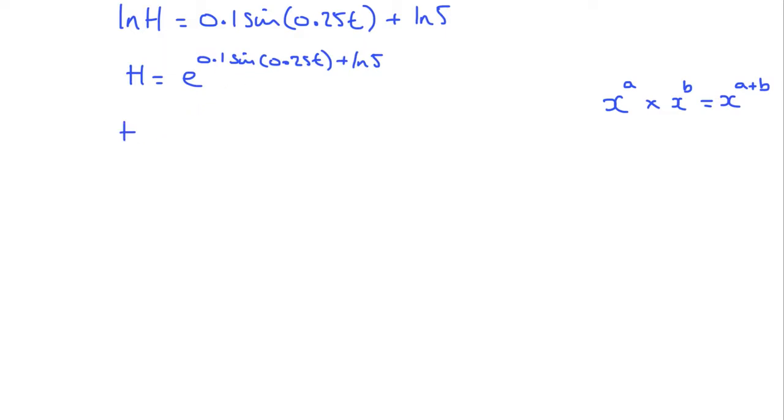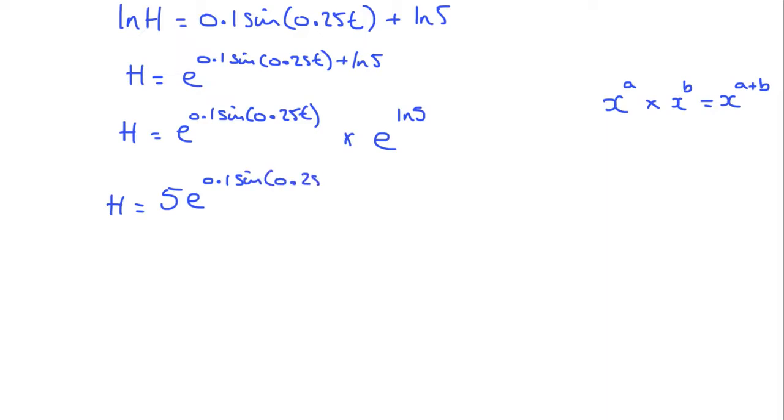So we can change that to e to the 0.1 sine 0.25t times e to the natural log of 5. e to the natural log of 5 is 5. If you e a natural log, or natural log an e, it undoes itself, they're inverses, so this is just 5. So that's what we're after, 5 times e to the 0.1 sine 0.25t.